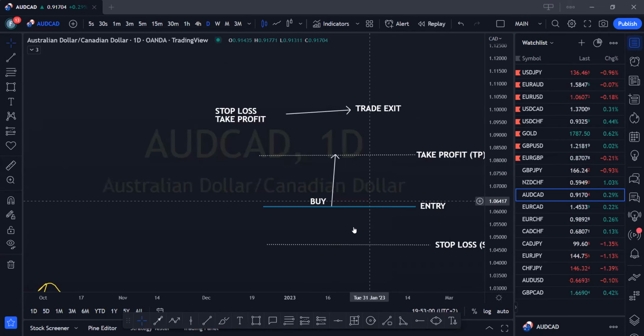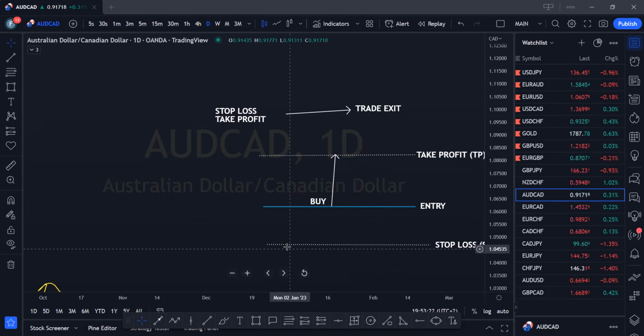I recommend that even if you will not put take profit on your trade, ensure that you are always using a stop loss. At least for a beginner, don't leave your trade open without a valid stop loss. All right, so that's a rule that you have to hold there.